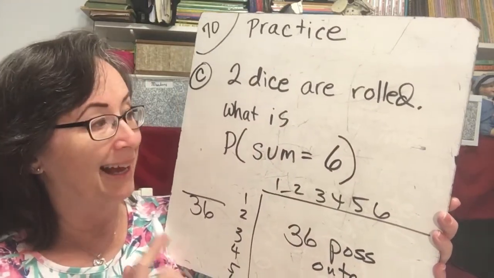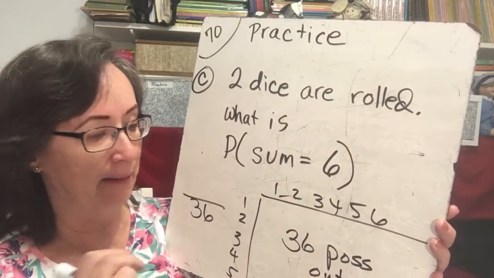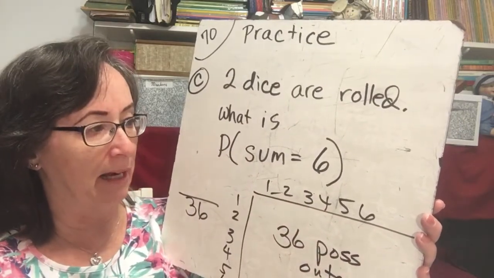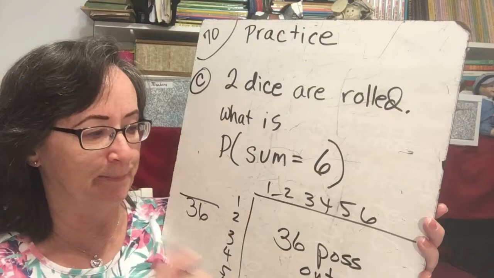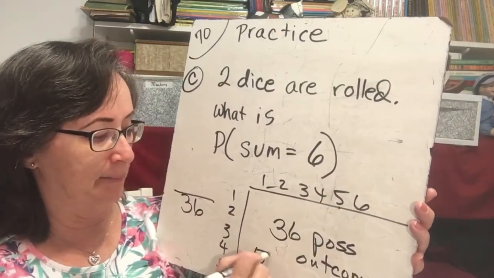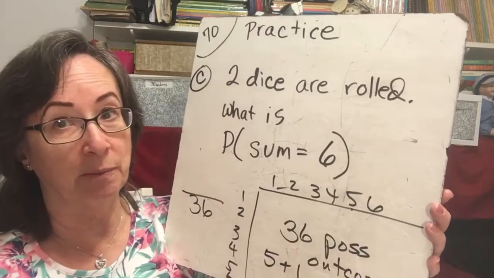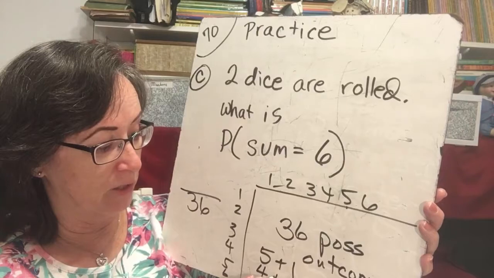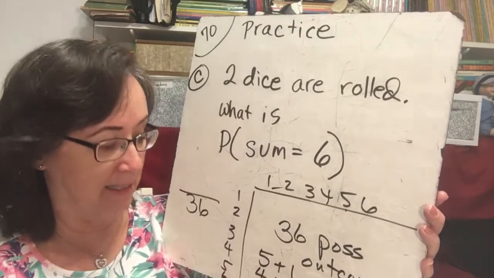Well, a 6 on 2 dice. So if I had my little chart here, I could do that. I could say, a 5 and a 1 would make a 6. Neither one could be a 6, right? 5 and 1. A 4 and a 2 could be a 6.